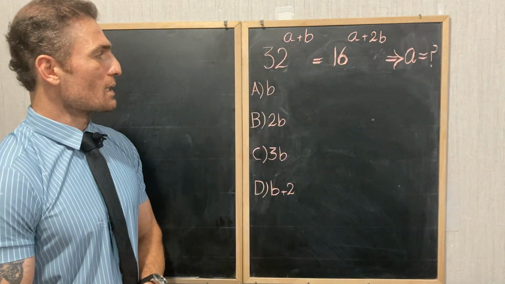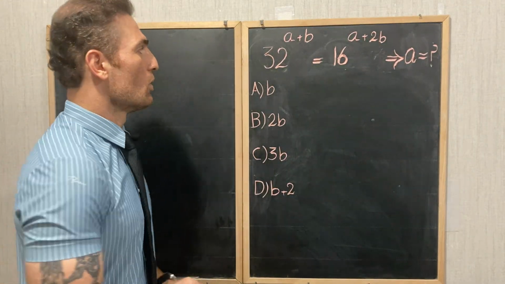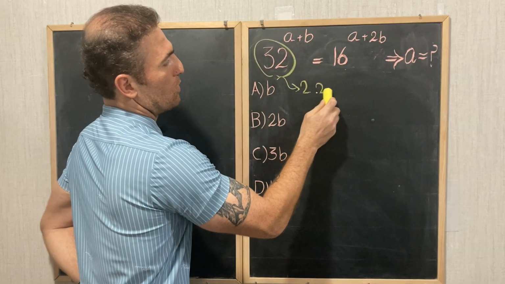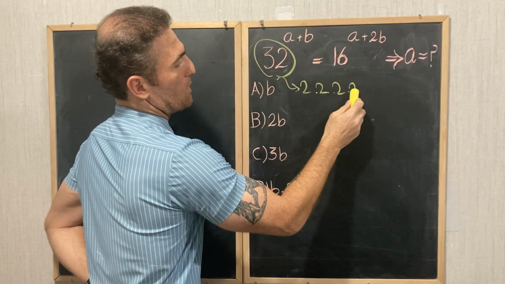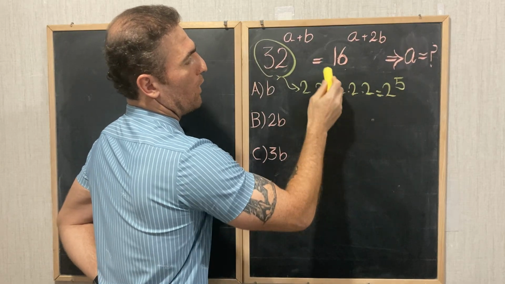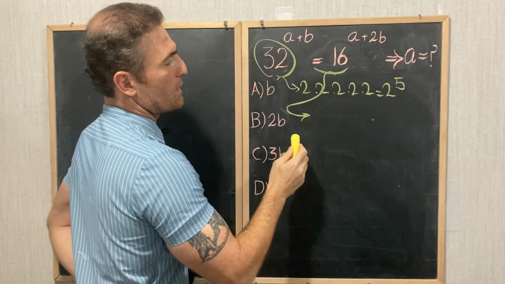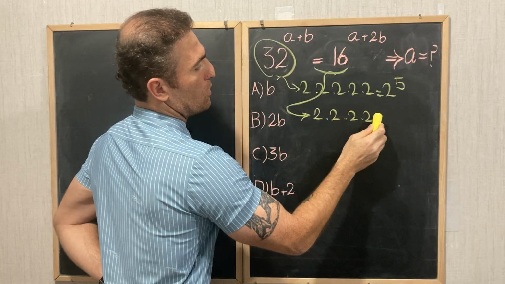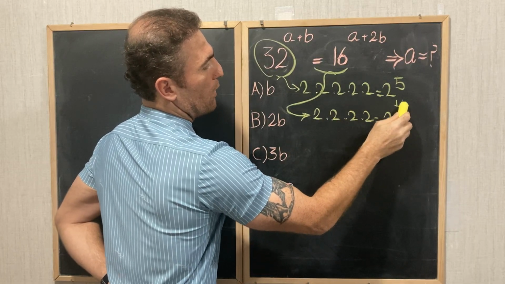But where should we start the solution? As you know, 32 is the same as 2 times 2 times 2 times 2 times 2, or 2 to the power of 5. Also, 16 is the same as 2 times 2 times 2 times 2, or 2 to the power of 4.